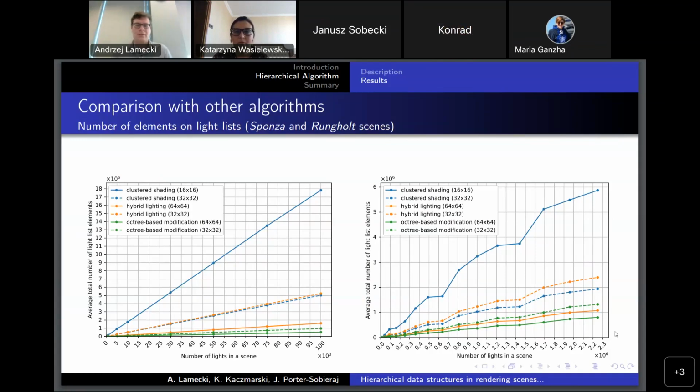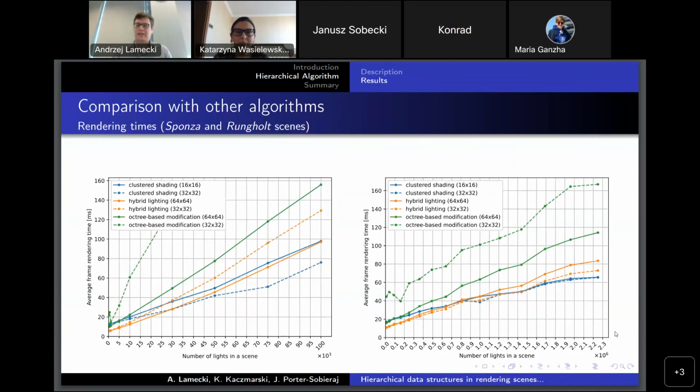Okay, maybe I explained it. These graphs show that our method is better in terms of a total number of light list elements because it requires less memory, and this slide shows that it requires more time.